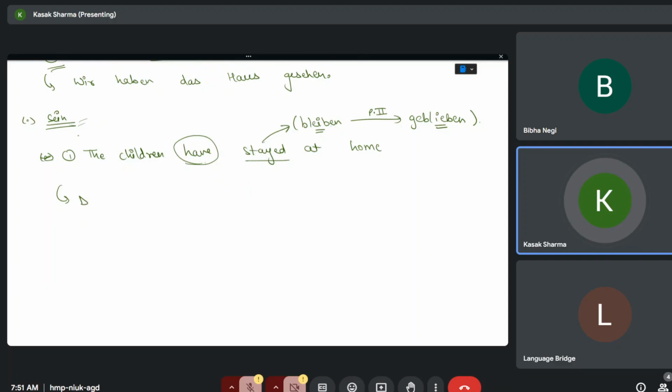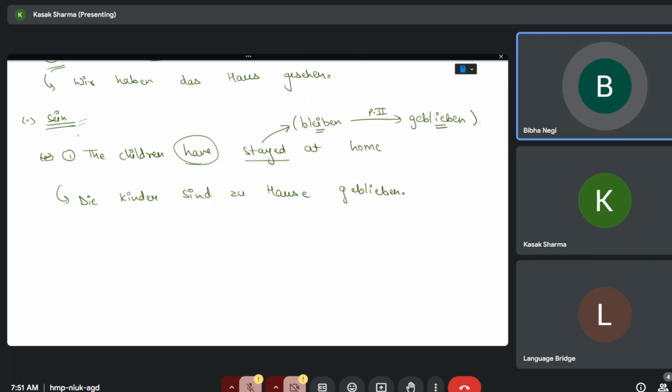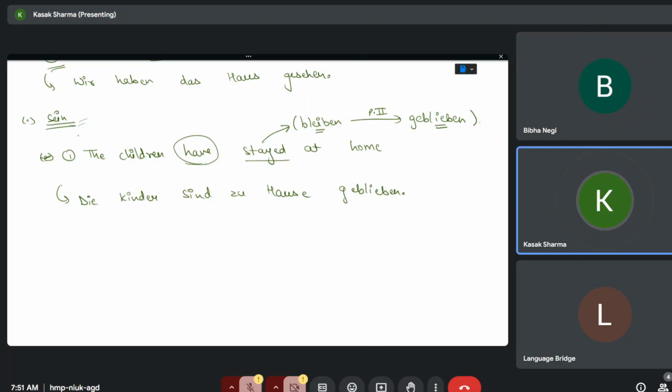So this one will be like this: Die Kinder sind zu Hause geblieben. But at the same time, the sentence is not moving, nothing is moving. But bleiben takes sein only as the helping verb.